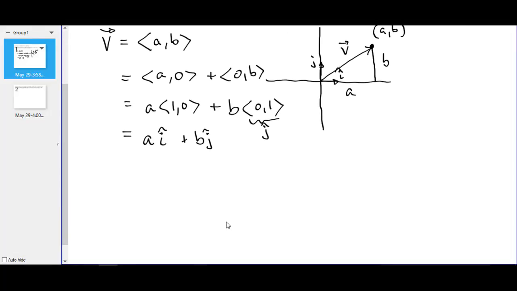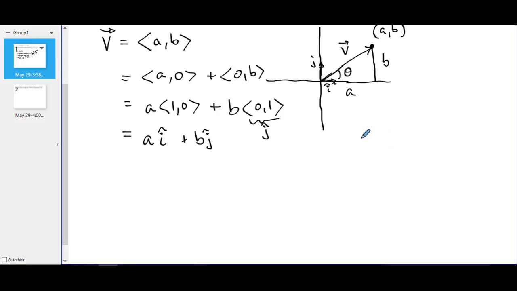And one other thing that we could do here is to describe this magnitude and direction in terms of a number, a scalar magnitude, and a direction theta. So let me draw the picture one more time. I just wanted to put theta into my triangle there as an angle in standard position. And when I say standard position, what I'm talking about is measuring positive angles counterclockwise from the x-axis.